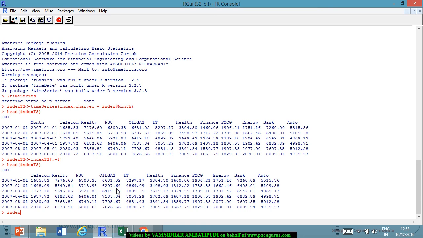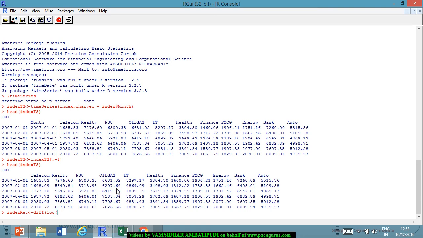So I'll say index returns. I'll compute the index returns, where I'll take the difference of the logarithms. Right, let me look at this one. I'll take the difference of the logarithms.